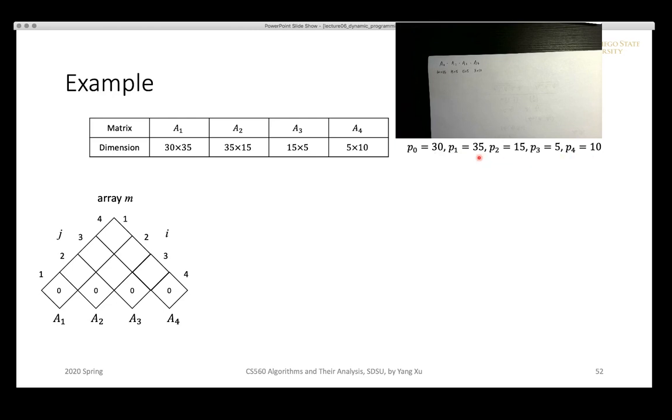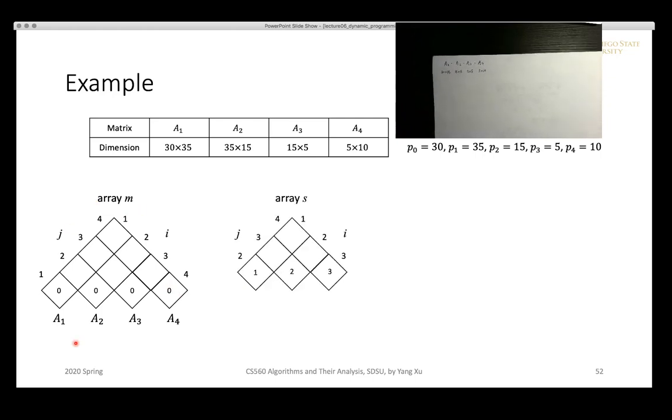So these are the numbers that define the dimensions of the corresponding matrices. Here matrix 1 is 30 by 35, matrix 2 is 35 by 15, and so on. Okay, so also we initialize the M array and the S array in such a way.